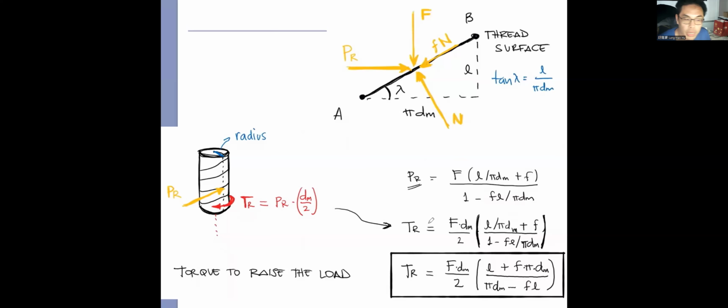However, the torque is what has to be defined. Therefore, the torque equals PR times the radius.